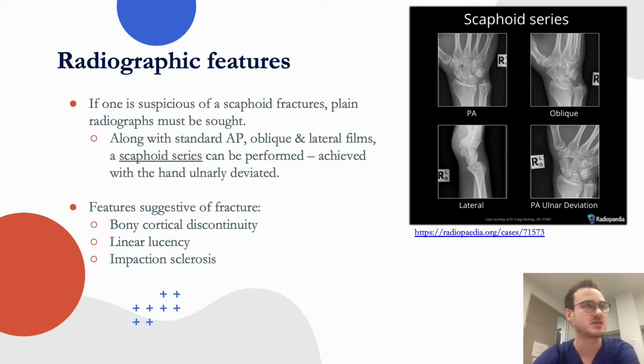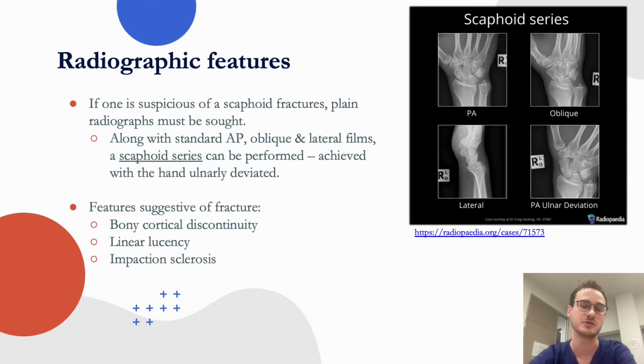So if one is suspicious of scaphoid fractures, plain radiographs must be sought, and this is important to put down in your clinical indications box when wanting to get imaging, because radiographers will take a scaphoid series along with standard AP, oblique and lateral films.